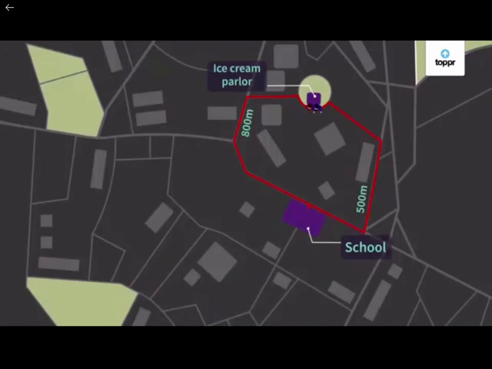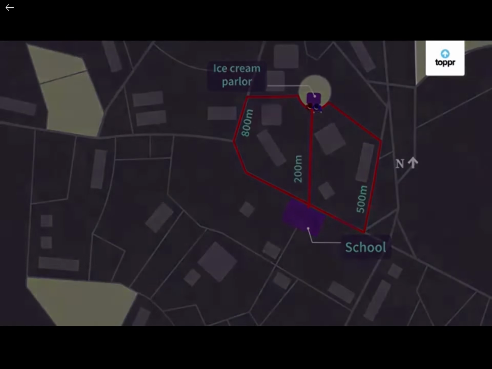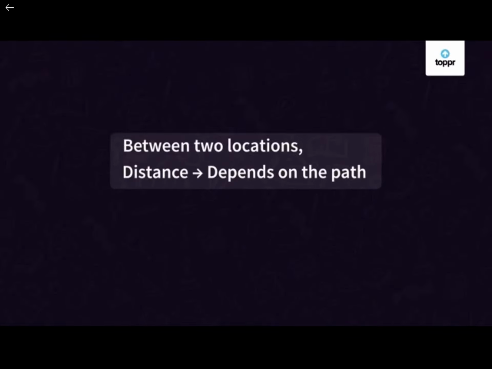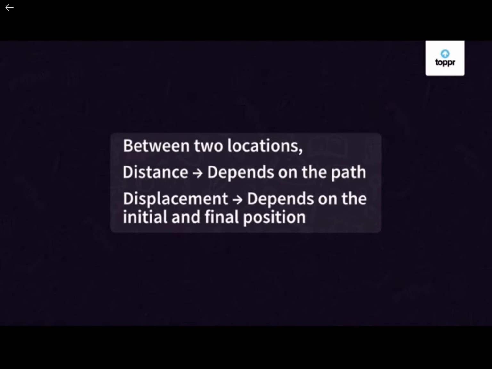But the displacement will always be 200 meters north. So between any two locations, the distance traveled depends on the path, but the displacement depends only on the initial and final position.